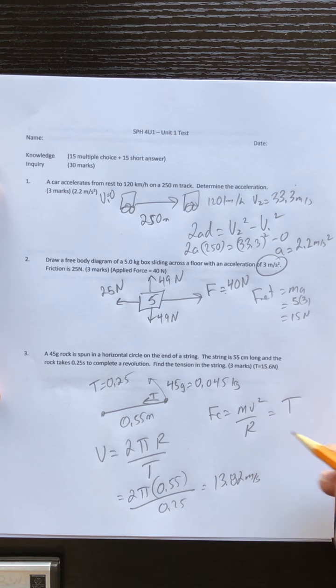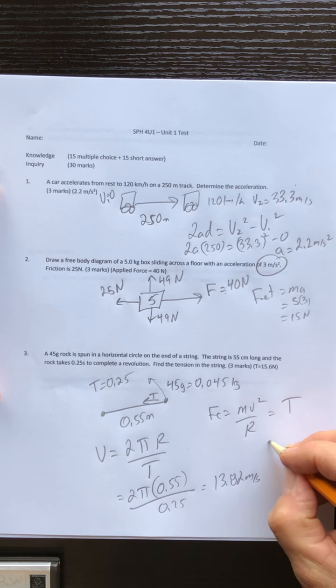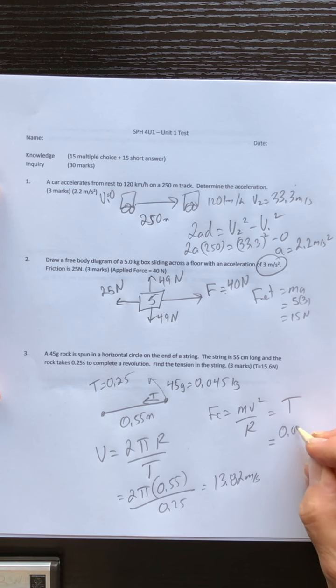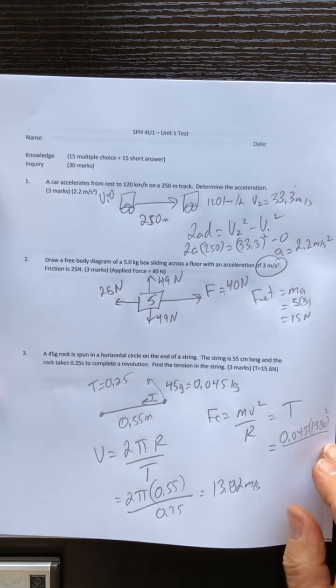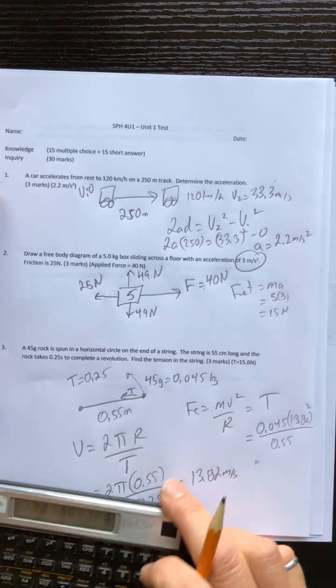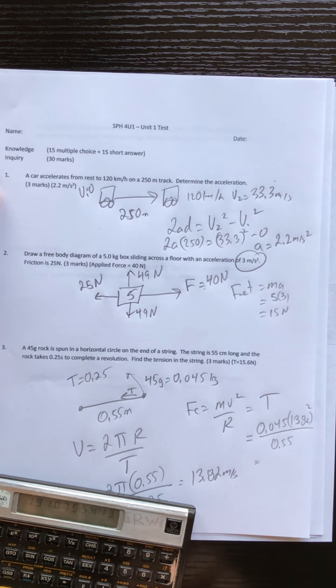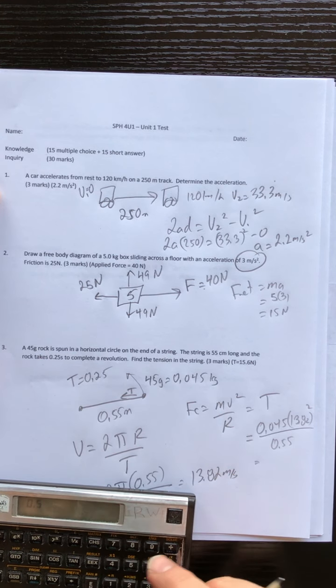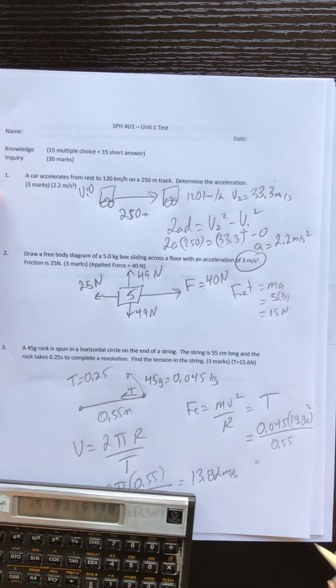So now we do have the velocity. We can stick this in here. This will equal 0.045, 13.82 squared, all divided by 0.55. So I square it, times 0.045, divided by 0.55, it's 15.6.